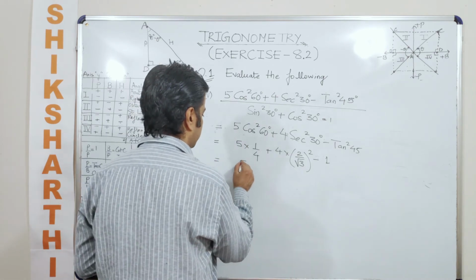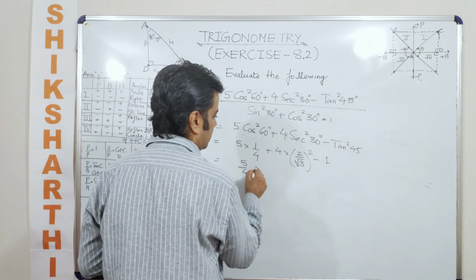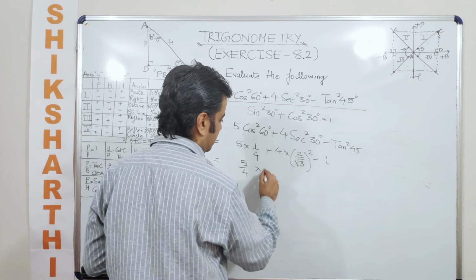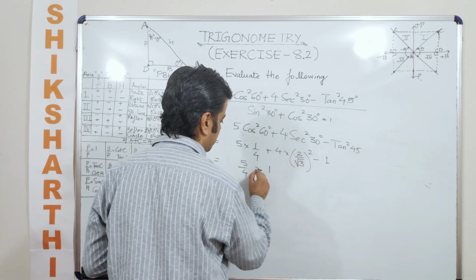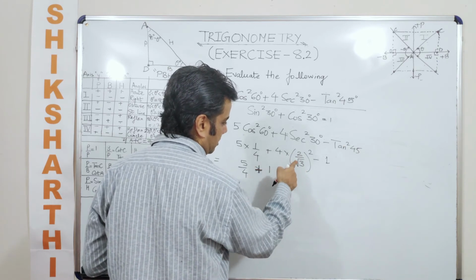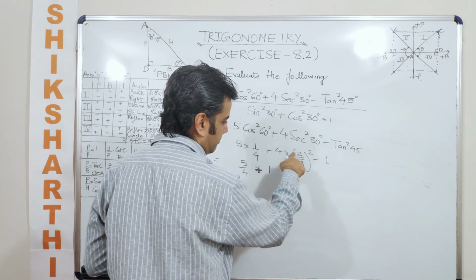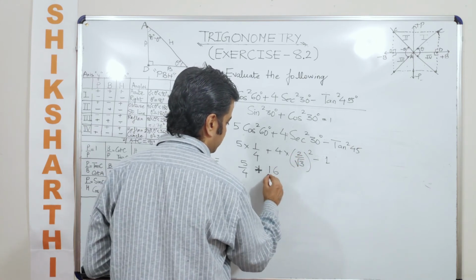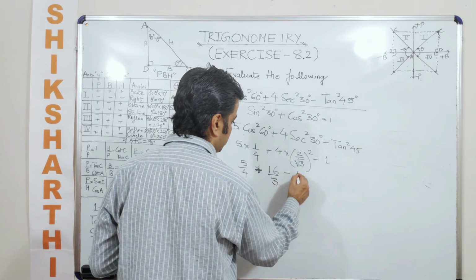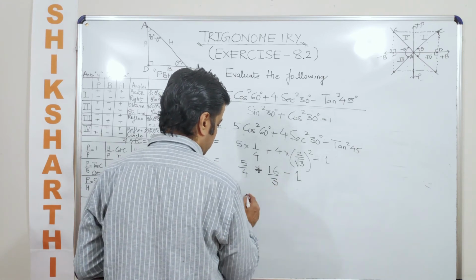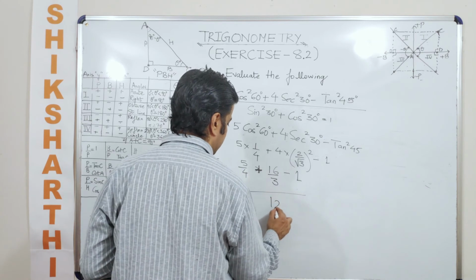So can I say this is nothing but 5 by 4 plus 4 into, this becomes 4 by 3 when I do 2 by root 3 whole square. So 4 by 3 into 4 becomes 16 by 3, minus 1. So now take the LCM and get the answer.